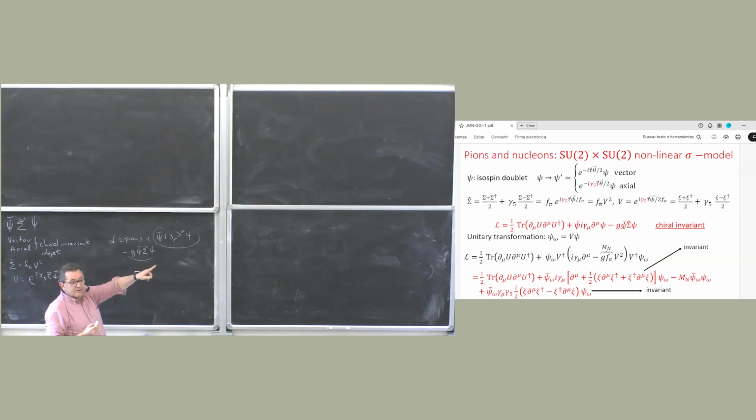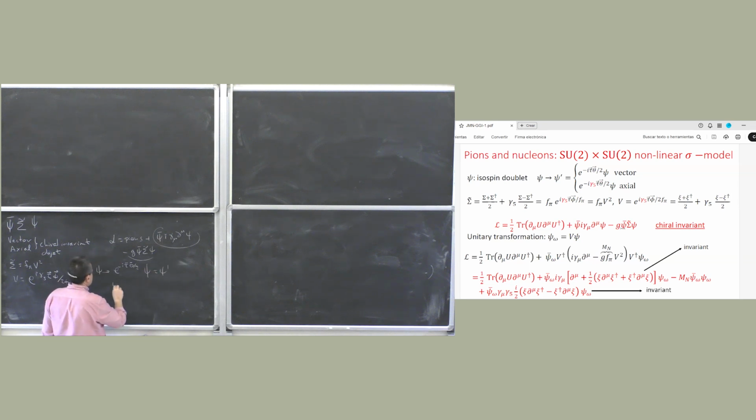It's no problem. Under vector transformation it is trivial, right? Because under vector transformations, I don't have any complication in the Dirac space, and psi transforms like e to the minus I tau theta over 2 times psi. Okay, this is psi prime.